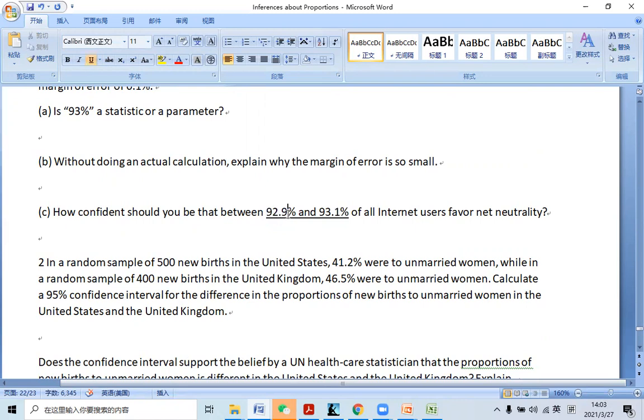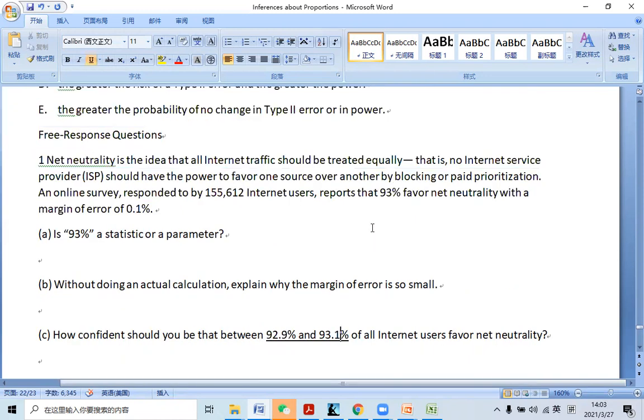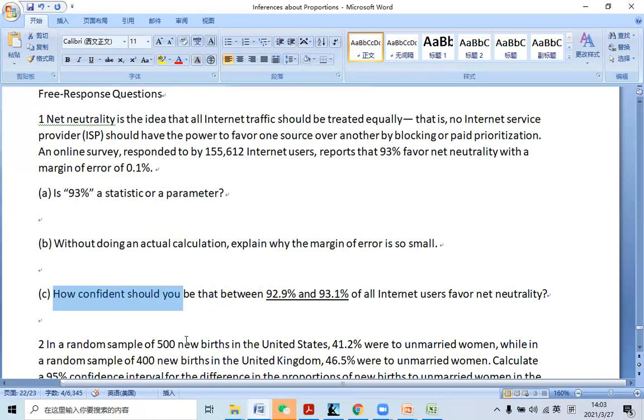So basically, these are the two boundaries, two margins of error, and you want to get the confidence level. You want to say how confident should you be, the confidence level.